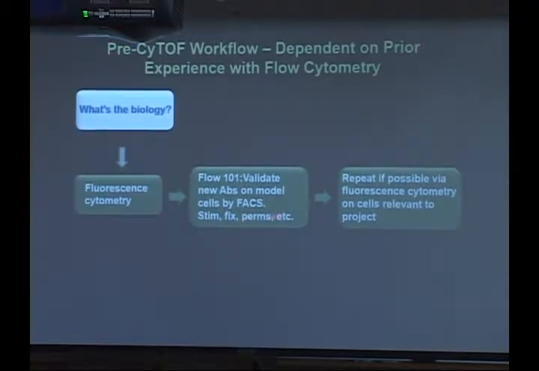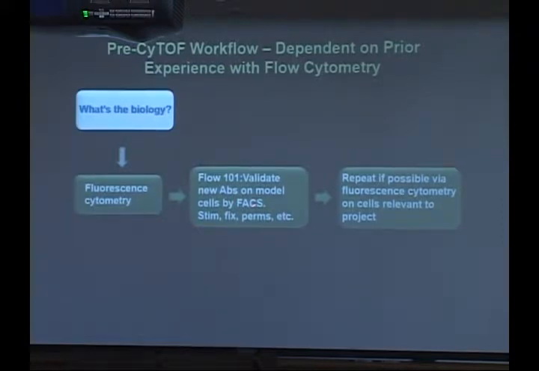So the Flow 101 will just tell you something if you haven't had much fluorescence flow cytometry experience. It'll get you up to speed with being able to stimulate cells and looking at extracellular and intracellular antibodies, and doing a little bit of fluorescence compensation to get your answers.